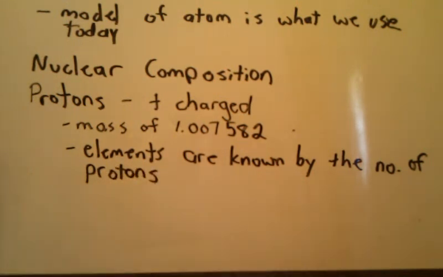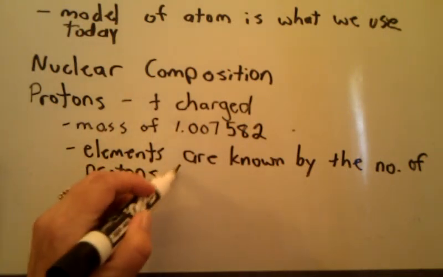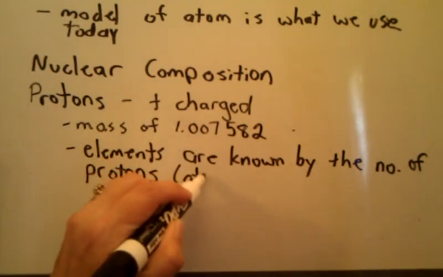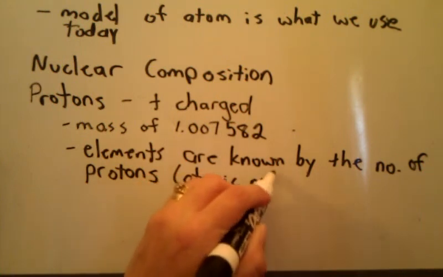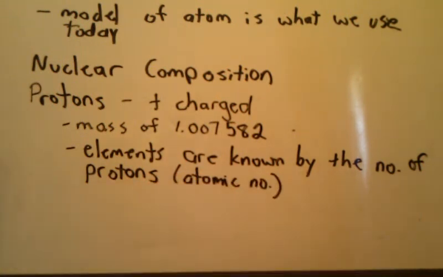Well, the only place that protons are is in the nucleus. All atoms of the same element have the same number of protons. The number of protons contained in an atom is its atomic number, and we said that. I'm going to put atomic number here again. So if I find out how many protons an element has, that's its atomic number.